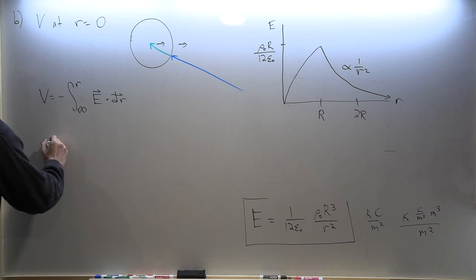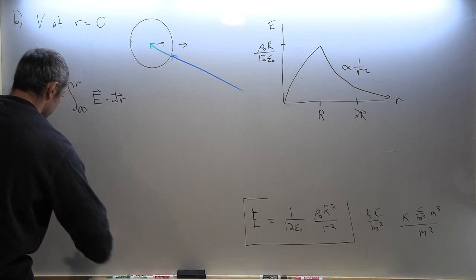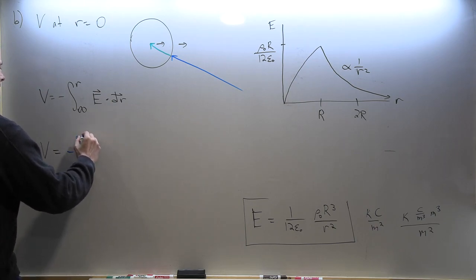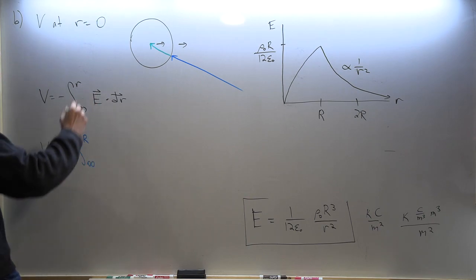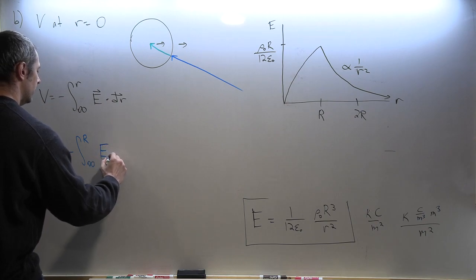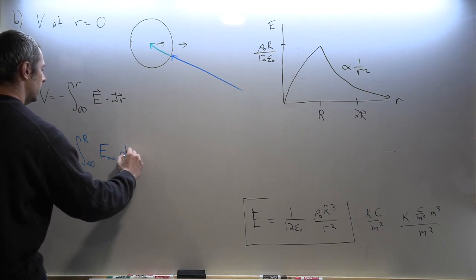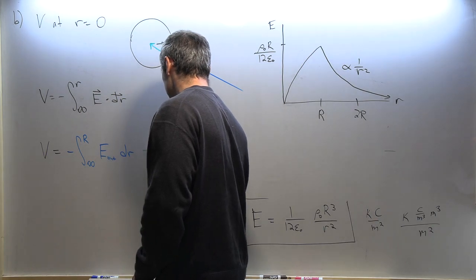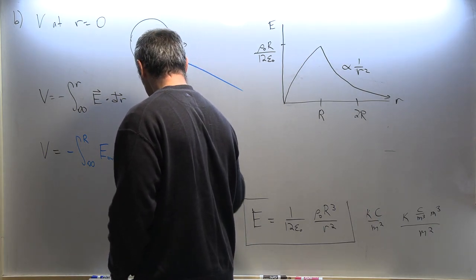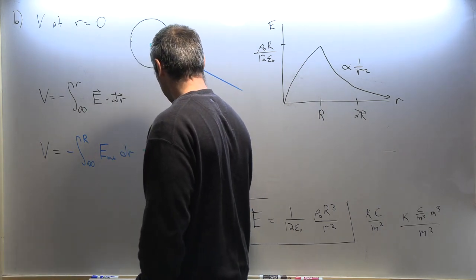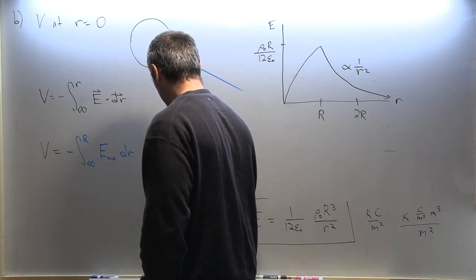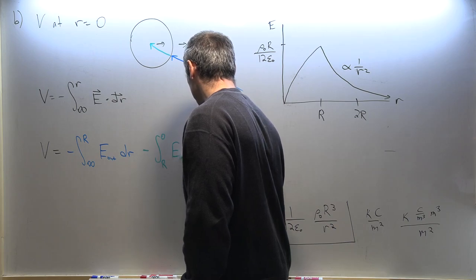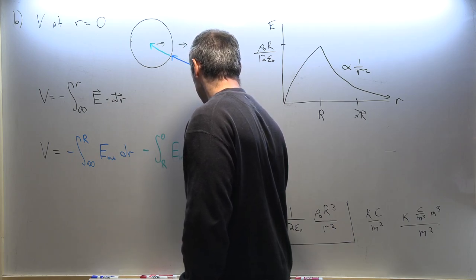So this voltage will be minus the integral from infinity into the surface of the sphere of the electric field function outside, dr, and then, picking up the integral from there, a little messy, okay, from r into the origin of the electric field inside, dr.